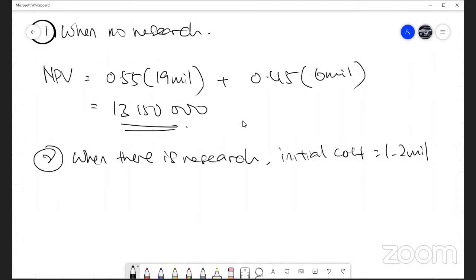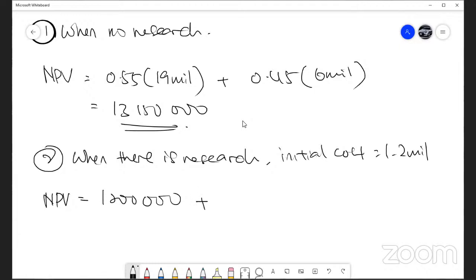Instead of only a 55% chance of getting 19 million, you increase the success rate. So in this case, you do research first, and this research will cost you time and money. First of all, it will cost you $1.2 million. So you count the NPV with an initial cost of $1.2 million.